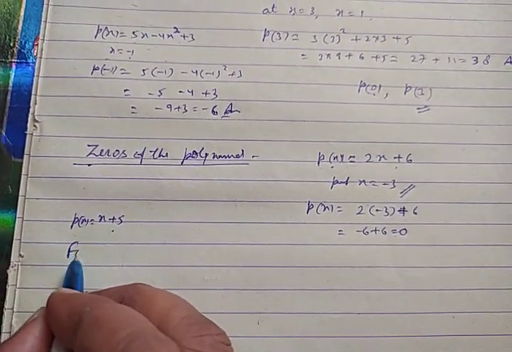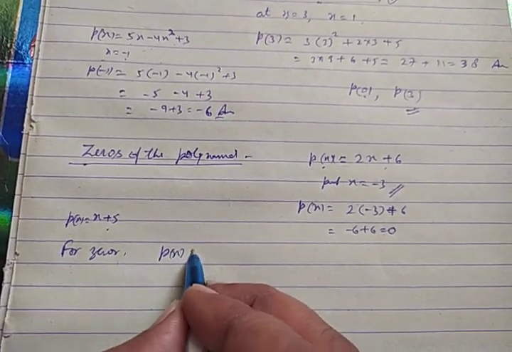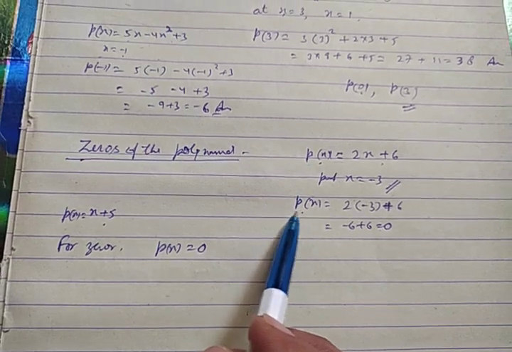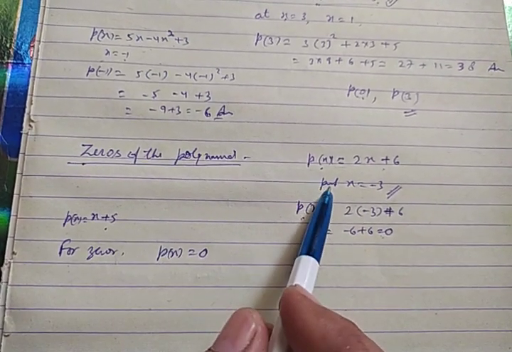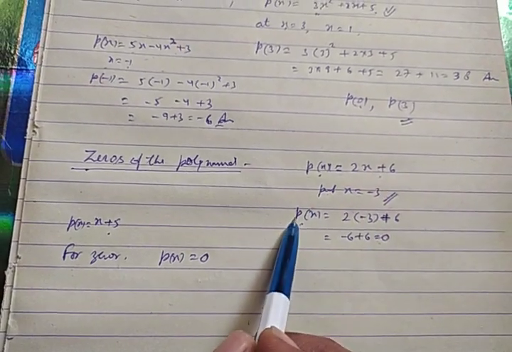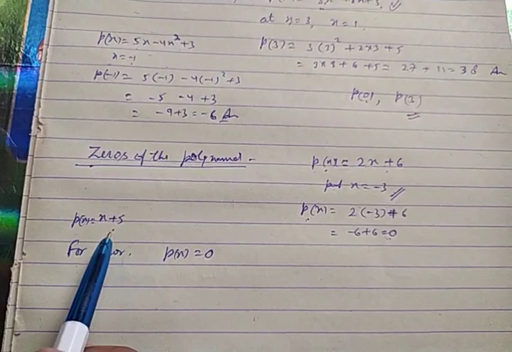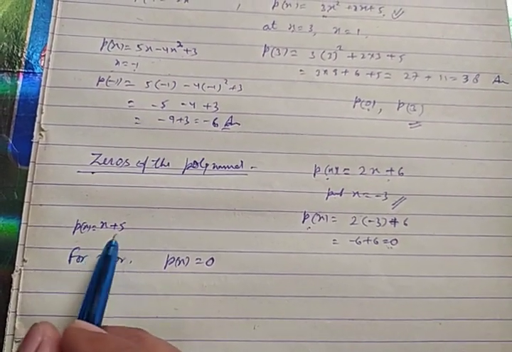Then you will have to write, for zeros, p(x) equal to 0. In the example I have taken you are getting 0. It means when you put the value of the zero of the polynomial, you will get p(x) equal to 0. Now you have to calculate the value of x, the zero, at which it is getting 0.